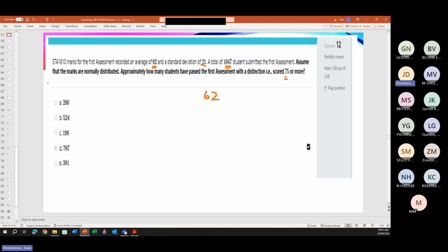And the standard deviation of 21. A total of 1,074 students submitted the first assessment. Assume that the marks are normally distributed. Approximately how many students have passed the first assessment with a distinction of 75 or more? Okay, so now we want to work out the set bigger than that.